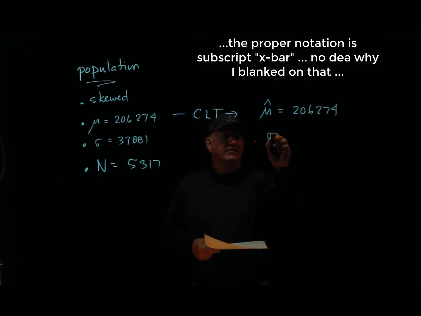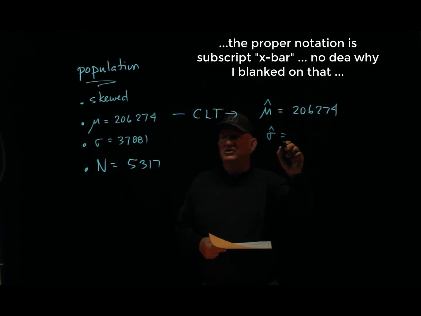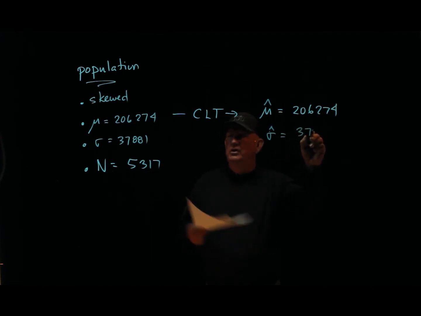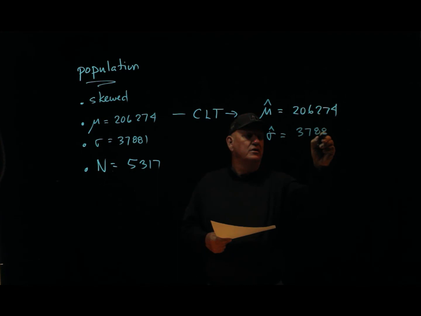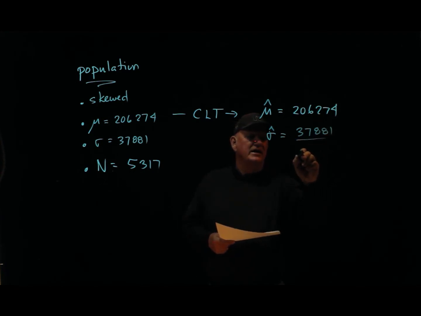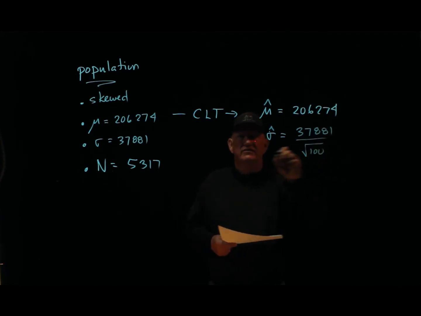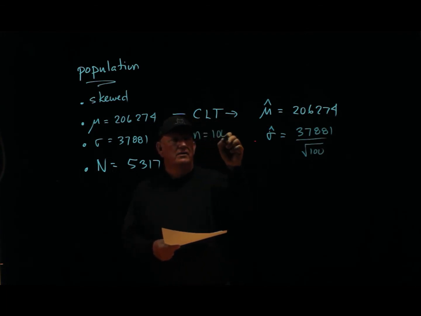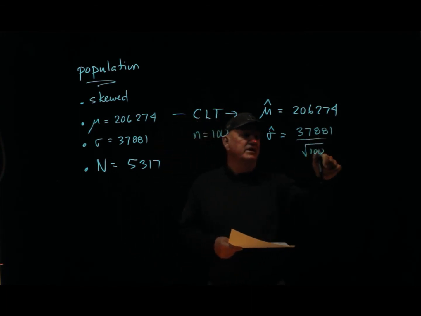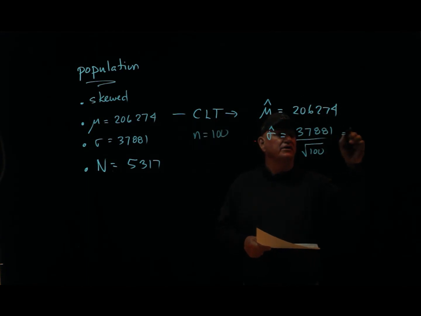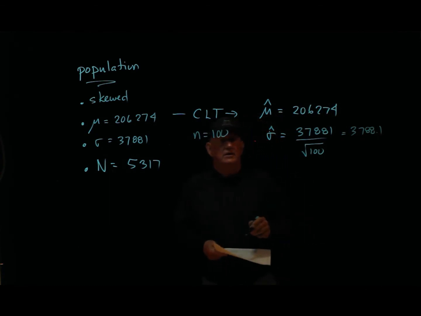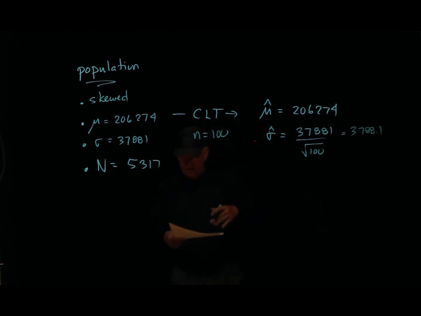And it will have a standard deviation, which is equal to this standard deviation, but it's divided by the square root of the size of the samples. All right, that's 10 divided into that means that that is 3,788.1.